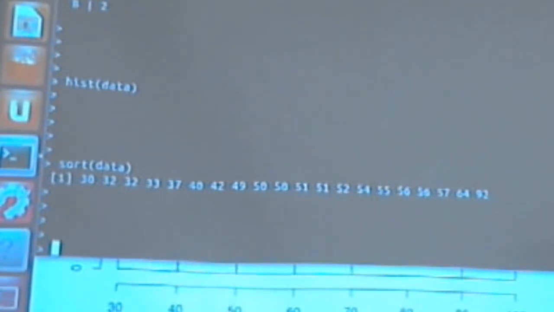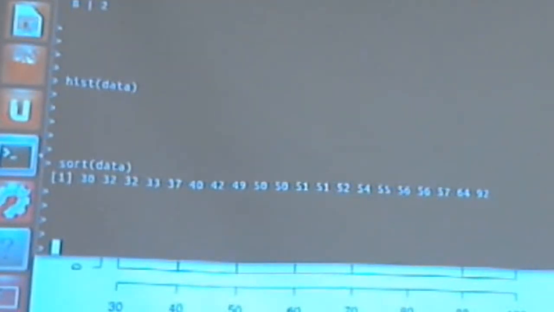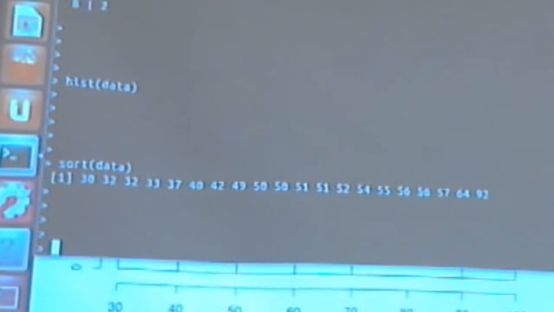So that's the middle order data point, which is called Q2, called theta hat. That's just the median of your data.